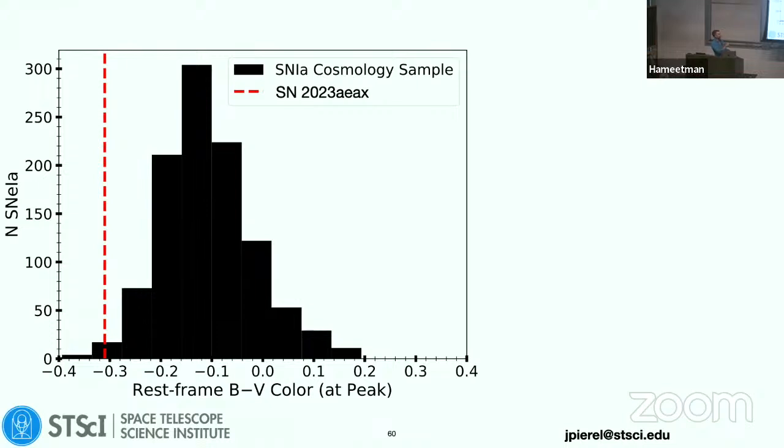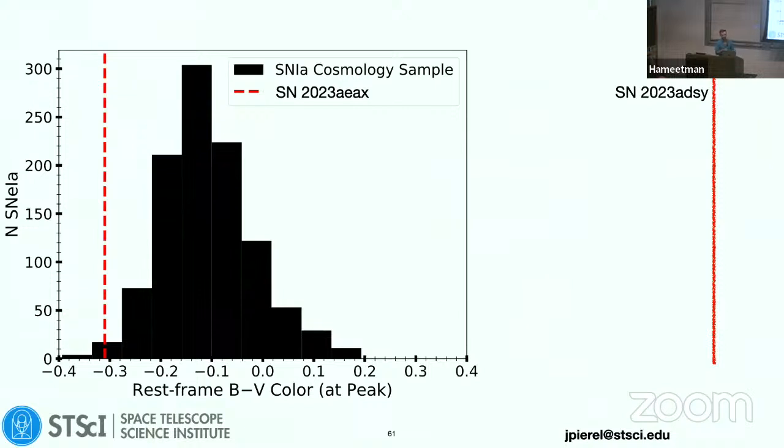The second one that I just showed, which I mentioned is blue, sits here. It's still within the distribution of normal cosmology useful 1As, but it is at the edge. And the other one that I mentioned was red is over here. It's way off the edge of this, so it would be cut from cosmology samples in the past.